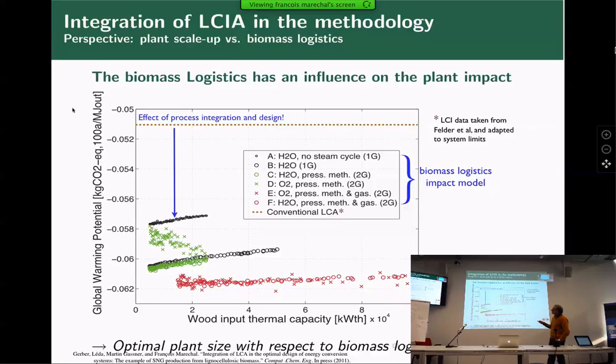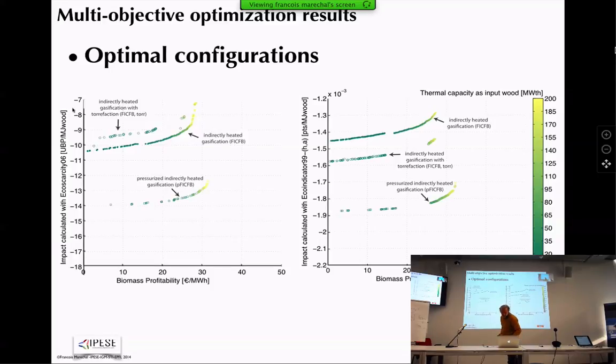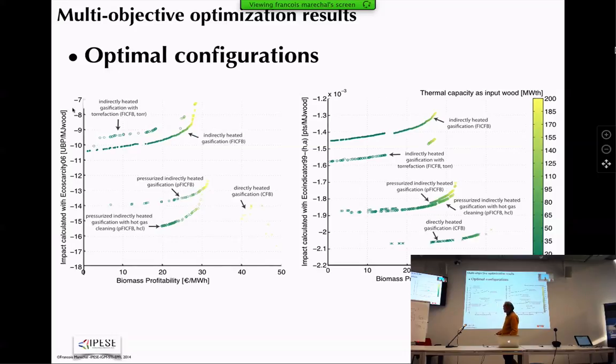So you have more or less 15% increase in the efficiency by doing the design. Okay, I will go fast on top of this. So just to show you that the optimization with the life cycle analysis allows you to compare technologies and also to decide which are the best technologies.